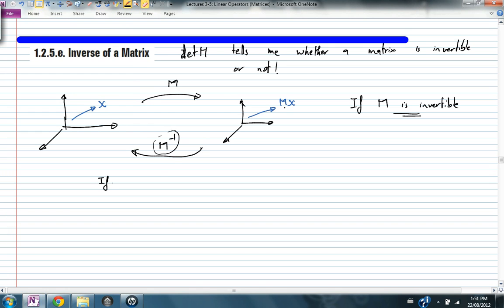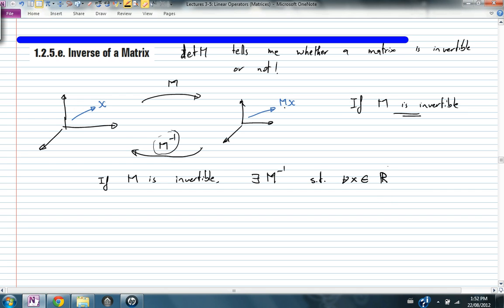So if M is invertible, there exists M minus 1 such that M minus 1 M x is equal to x. I should have defined x first.